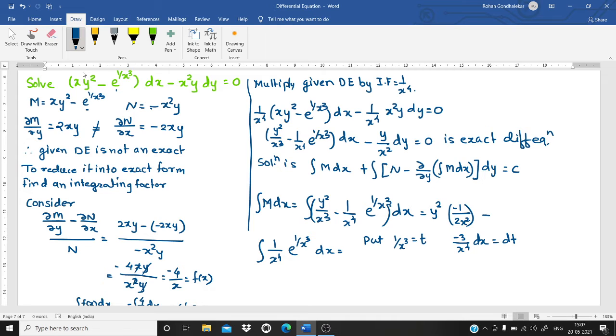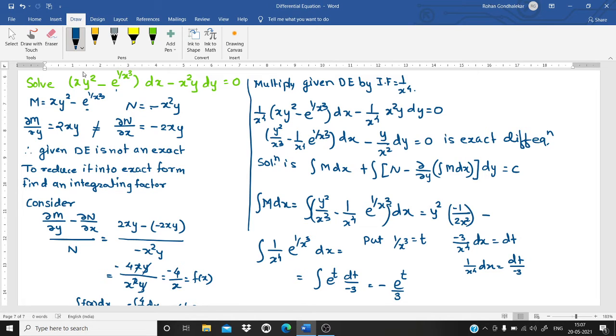Is it okay? So hence 1 upon x raised to 4 dx is equal to dt upon minus 3. So this becomes the integral of e raised to t, with dx becoming dt upon minus 3. So minus n outside, and we get the integration of e raised to t upon 3.